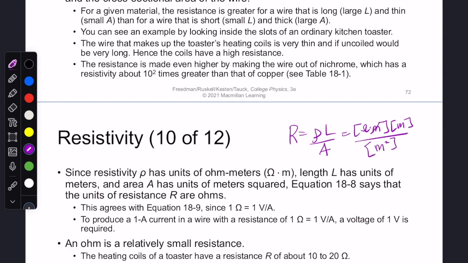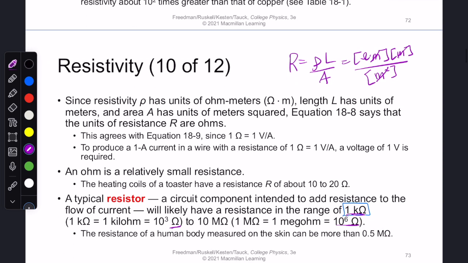We get these meters all canceling and we're left with just ohms. So the resistance unit is ohms. And an ohm is a volt per amp, because we also know that V equals IR. In other words, R equals V over I, which is a volt per amp, which is an ohm. So that's how all these units are related to each other.